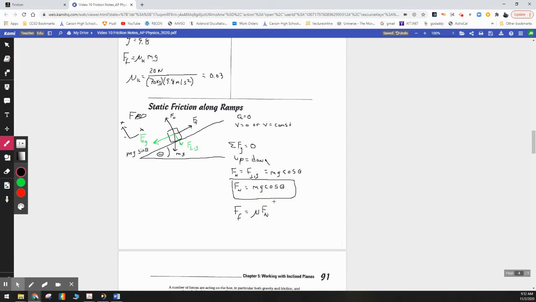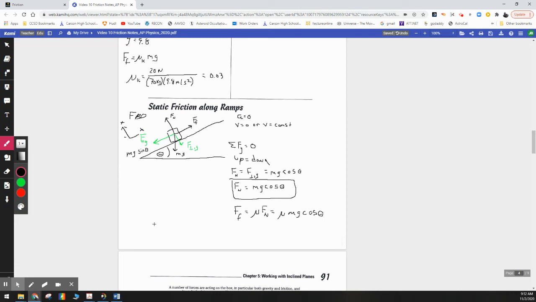Now, we're on an inclined plane, so if theta is not 0, it's going to be mu mg cosine of theta. So this is the force of friction when you're on an inclined plane and theta is not 0.